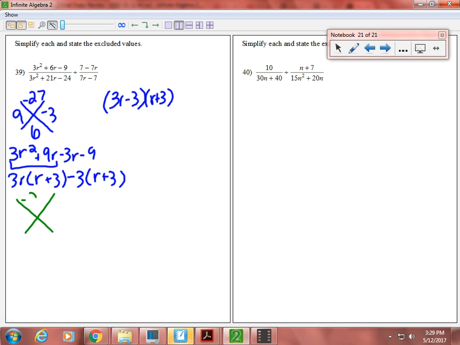Same thing, what multiplies to negative 24 and adds to 21. Oh, sorry, it needs to multiply to 3 times 24. So what multiplies to negative 72 that adds to 21. So if you don't know that, you can make a factor tree, remember, of things that give you 72.